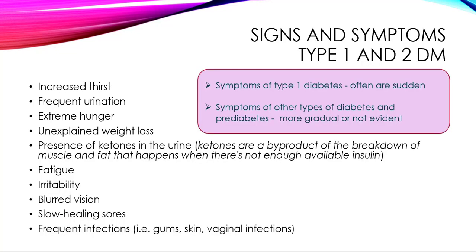So now if we return to take a look at the signs and symptoms, after looking at what's happening at the cell level, perhaps we can understand a little bit about why those things happen. So for example, if we are looking at things like extreme hunger, because the cells are not receiving enough energy, your body will send a message saying, we need more food, because your body knows that the way that you can give it energy is by eating carbohydrates and sugars that then get broken down into glucose.